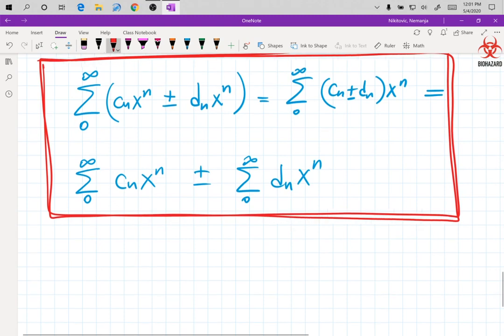Now, you have to be extremely careful here. You have to have the same x to the n. You have to have the same start for your series.